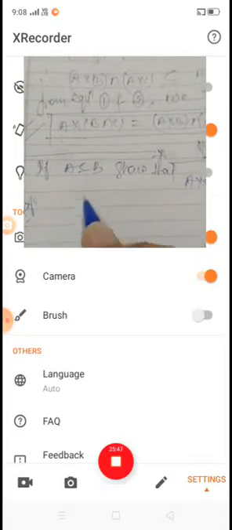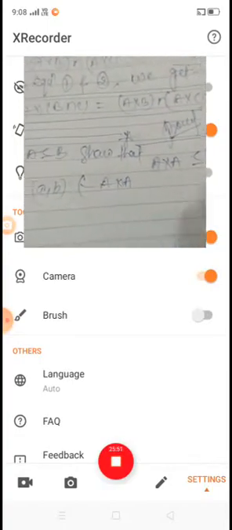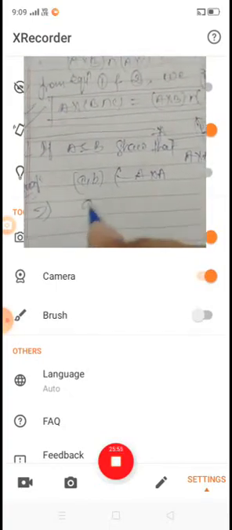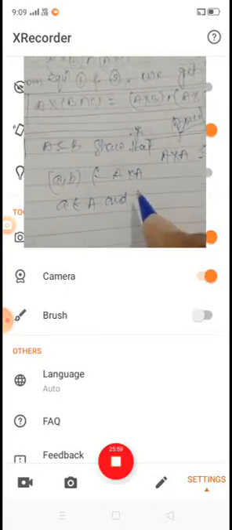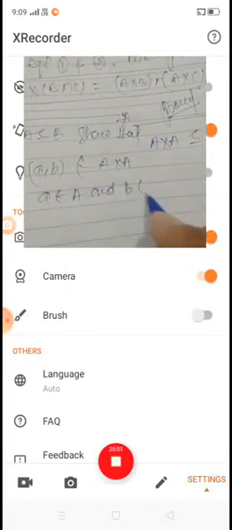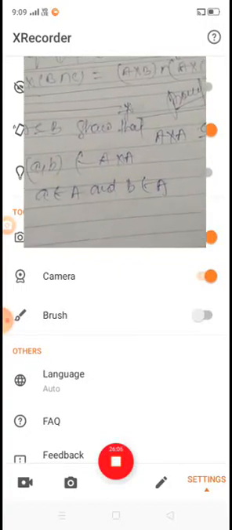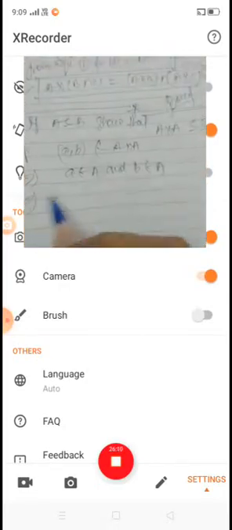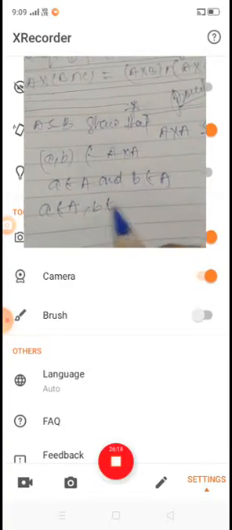First of all, we take (a, b) as an ordered pair belonging to A × A. Okay, so by the definition of Cartesian product, we have a belongs to A and b belongs to A, na.